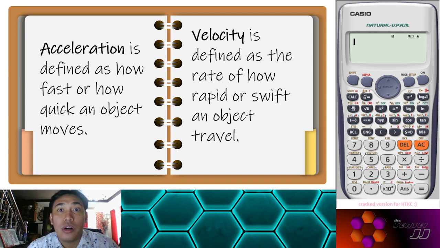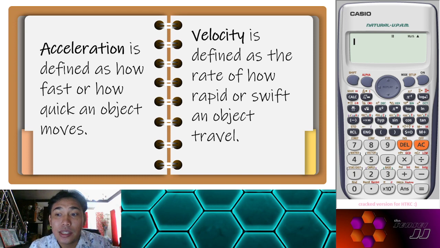By gradually speeding up, attaining speed from 0 to 50. That is the acceleration. It is defined as how fast you are getting from 0 to a certain velocity. When it comes to velocity, it is your speed. It is how fast you can get from one point to another at a given time.